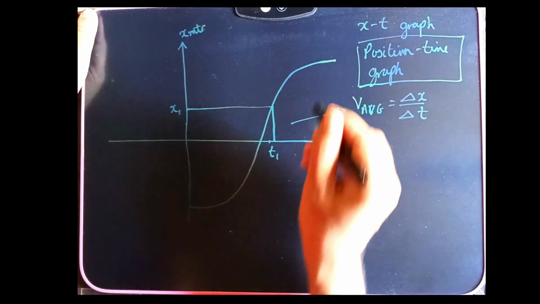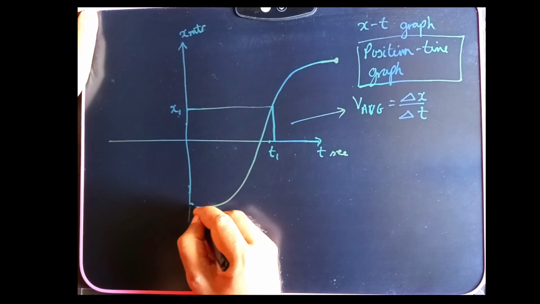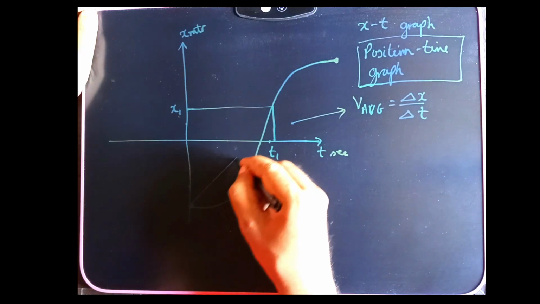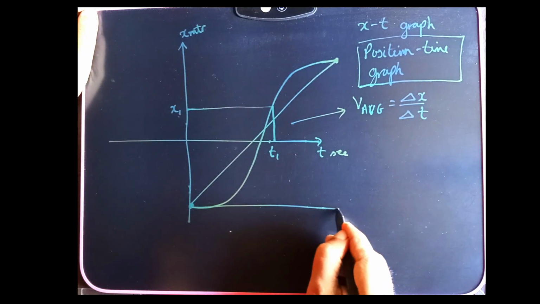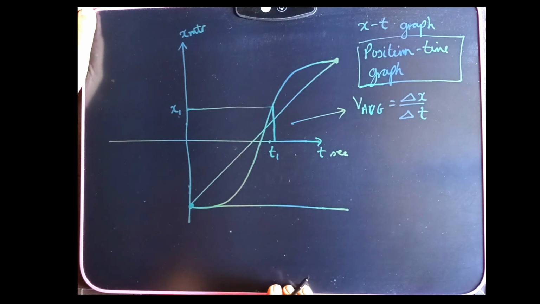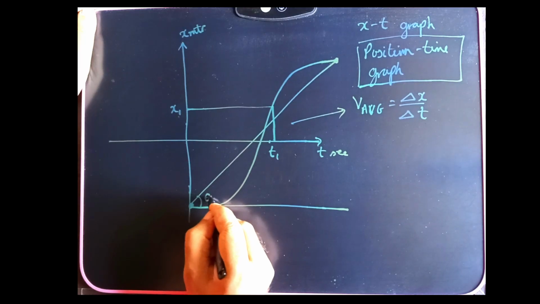So now if I draw a line connecting the two ends of displacement, if I draw this line, then this will be called theta.